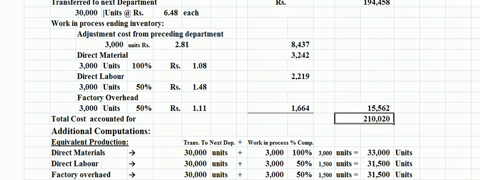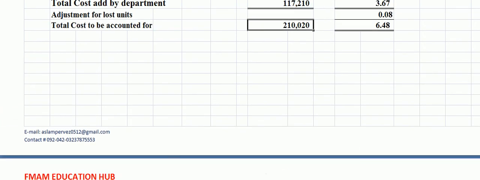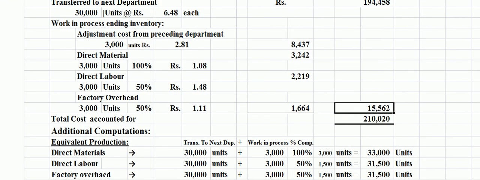Student, this is the reconciled figure, which is always equal to the second section manufacturing cost. Total cost is here 2,10,020 rupees, and also 2,10,020 rupees. It means that our question is 100% accurate.